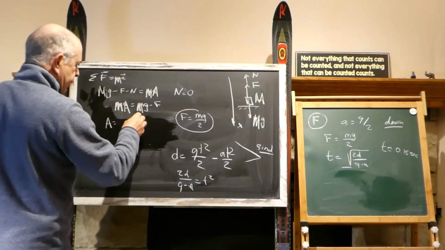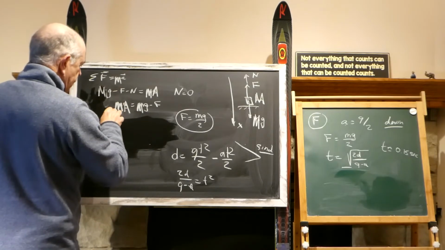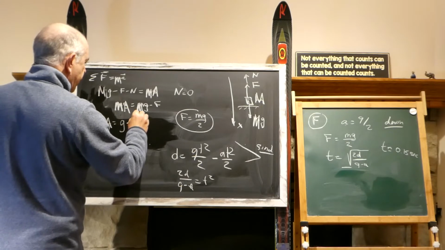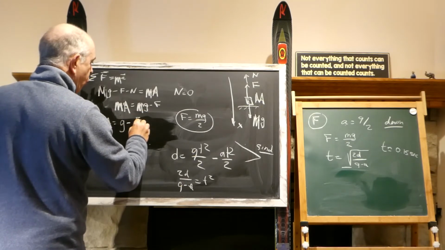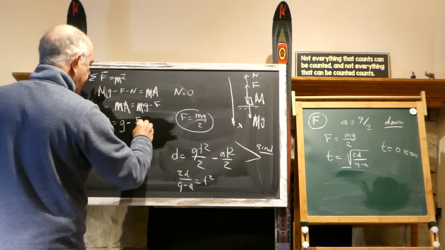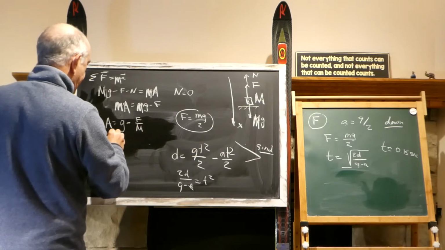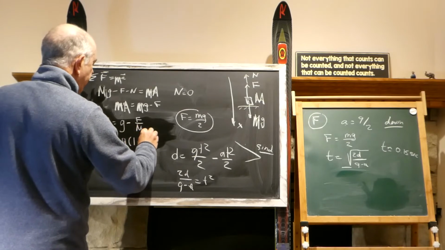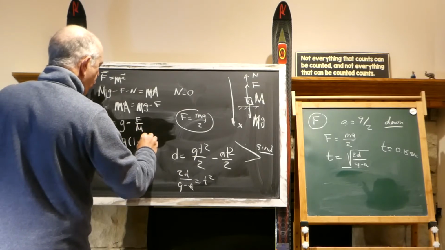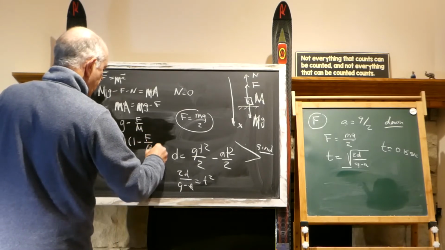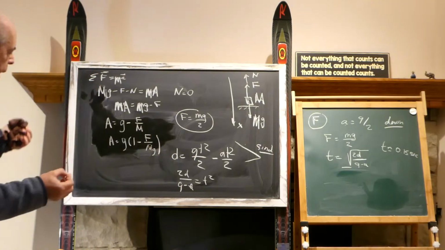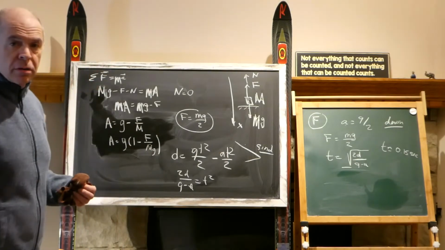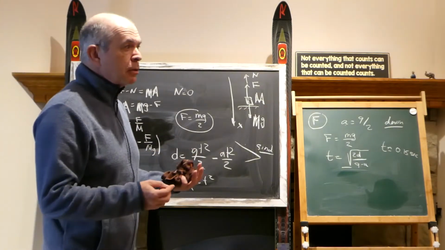If I divide everything by M, I will have g here, and I have minus F over M. And if I factor out g, it would be g times 1 minus F over mg. And now here I can get this acceleration, providing I am using the same force, because I have to compare apples to apples.